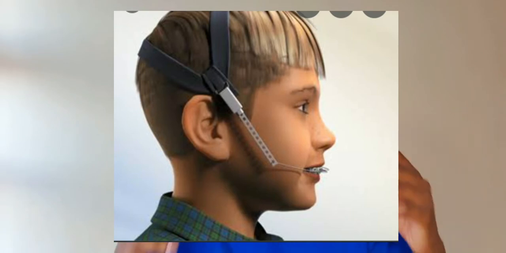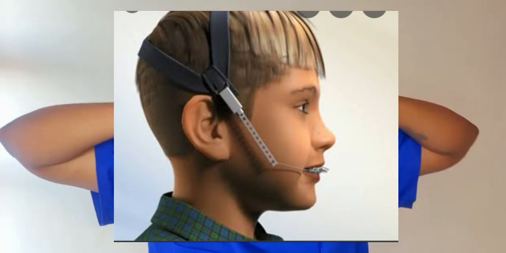It is a strap that either goes behind the patient's head or behind their neck. When it goes to the head, we call it occipital headgear. When it goes to the back of the neck, it is called a cervical headgear. We use it either to restrict growth vertically or to restrict growth horizontally.